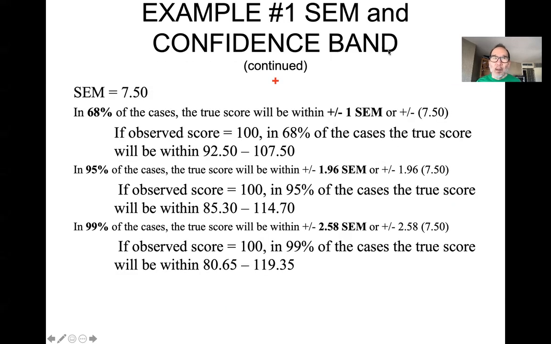So we can also say that if Tommy scores 100, we can know with a 95% degree of certainty that his score will fall two standard deviations above and below. That's what 95% accounts for: 95% of the scores within the normal distribution of scores.